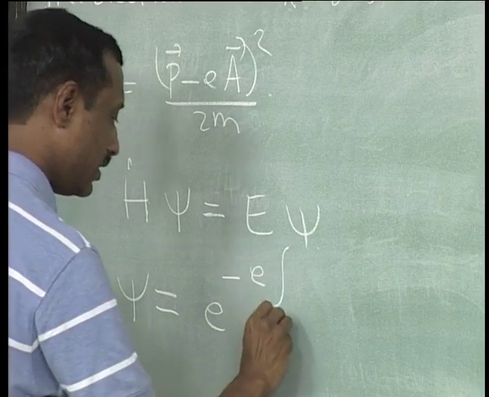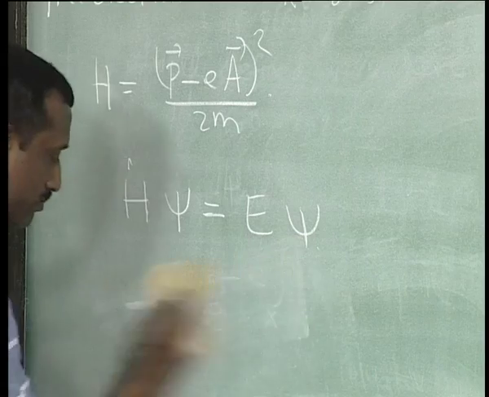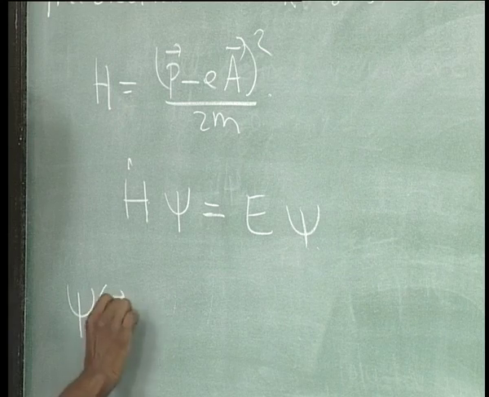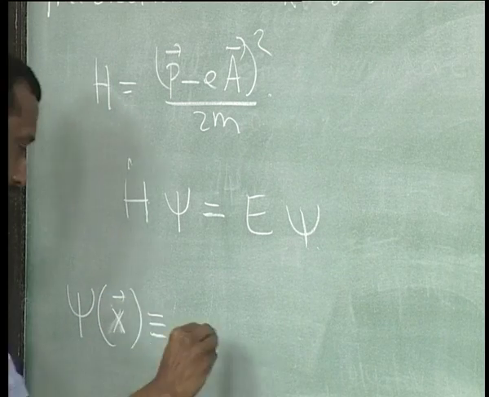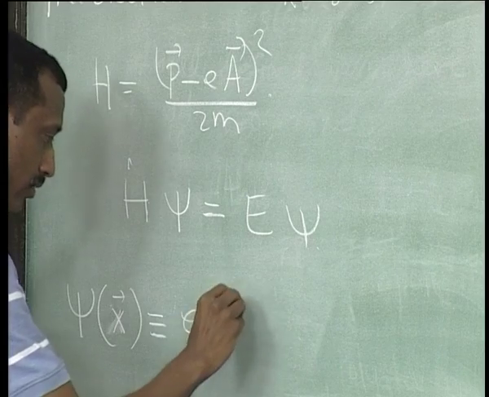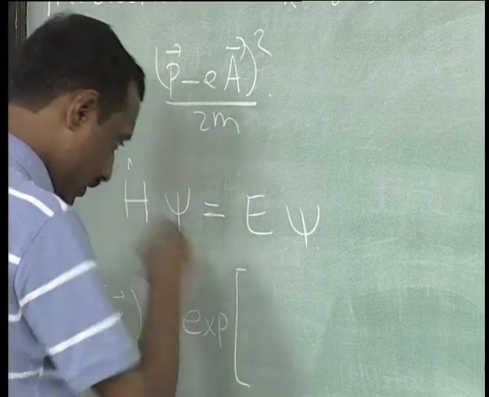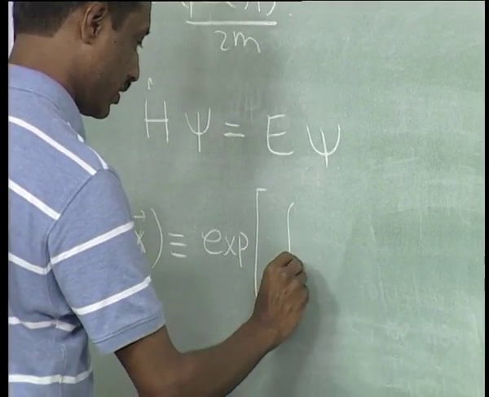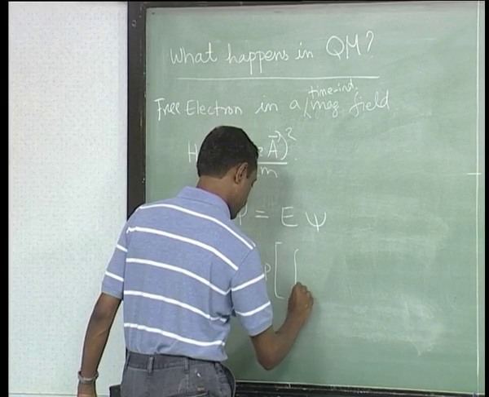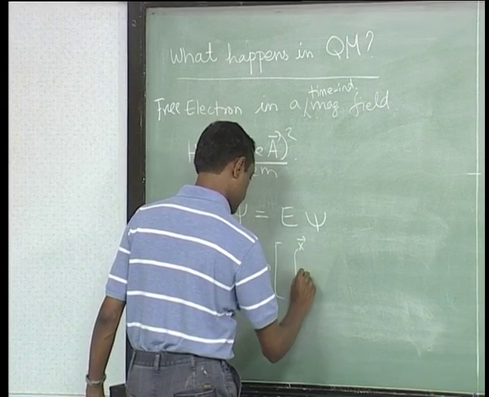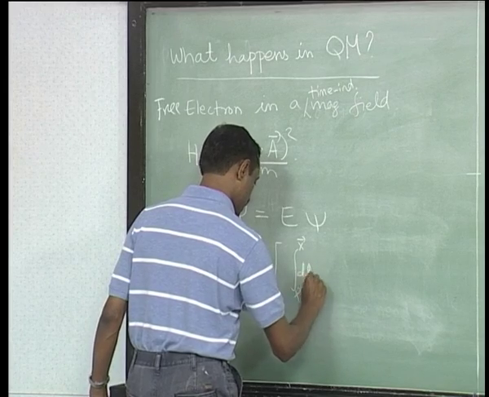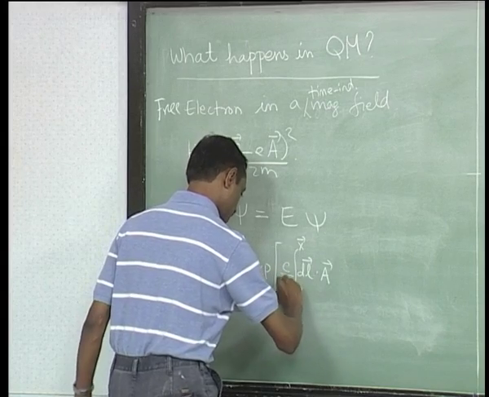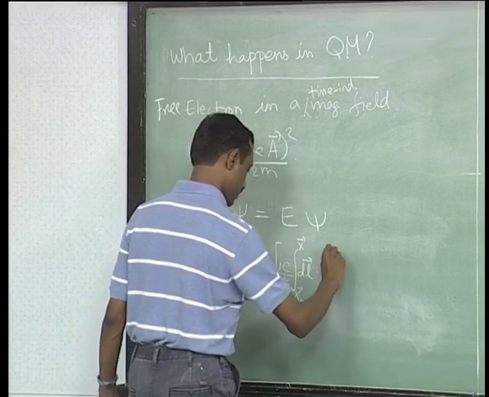Let me define things properly: psi at some location x, I define it to be the exponential of the integral from some reference point x naught to the point of interest, dl, a line integral of A, times i e by h bar.